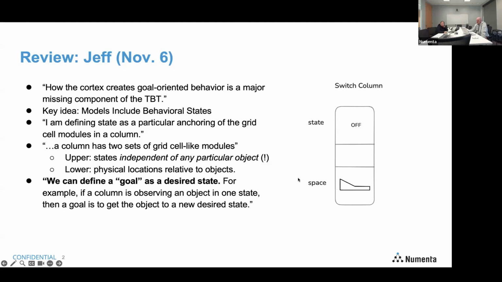The idea is that once we have states defined as part of these models, we can start talking about goals and goal states. A goal is defined as a desired state we would like that column to be in.